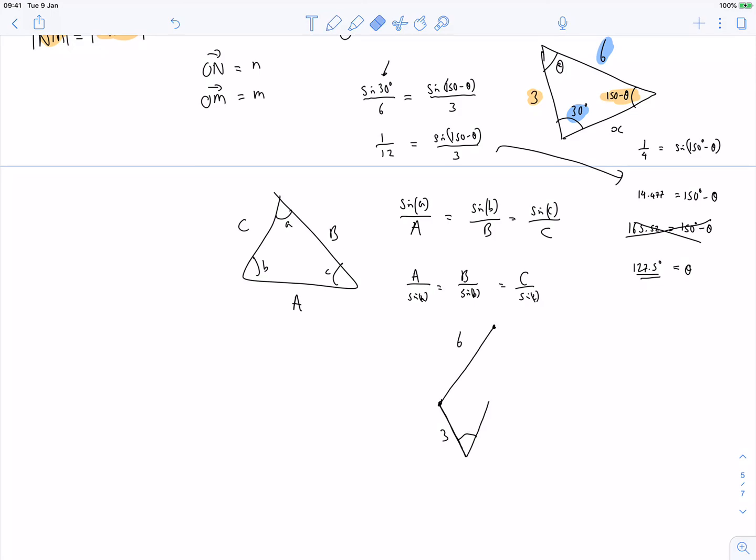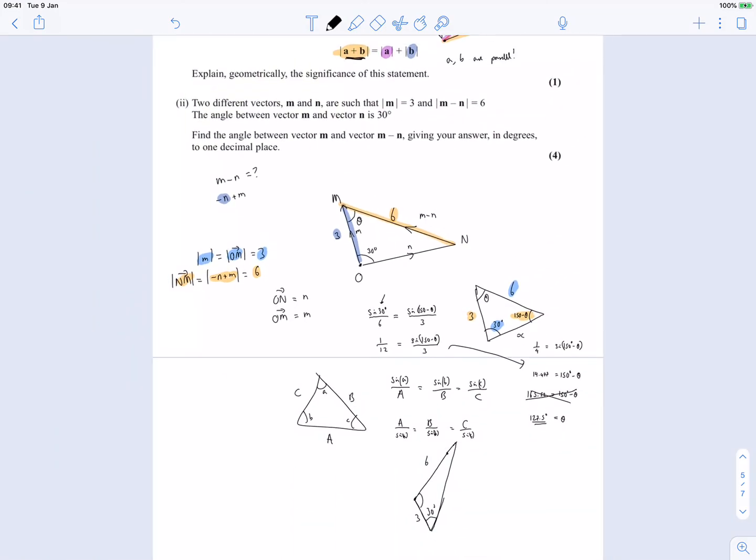Whoops, I said this was 30. Looking like that. Yeah, it does look like this angle is going to be fairly obtuse, isn't it? Because you have to open it up quite wide. Yeah, 127.5 seems fairly realistic.